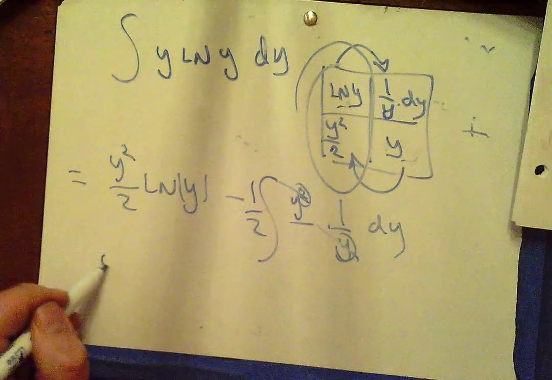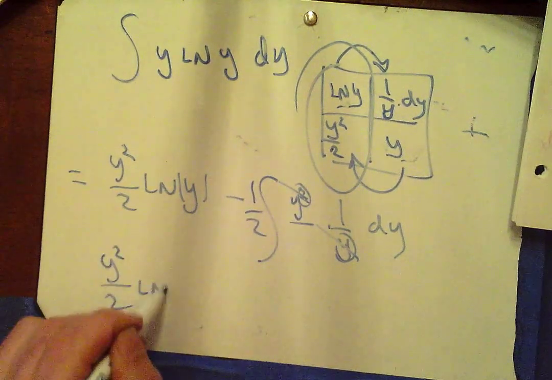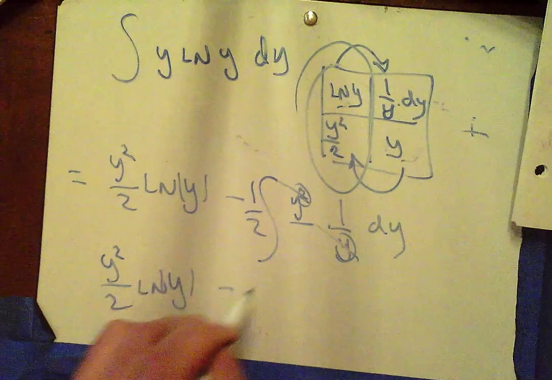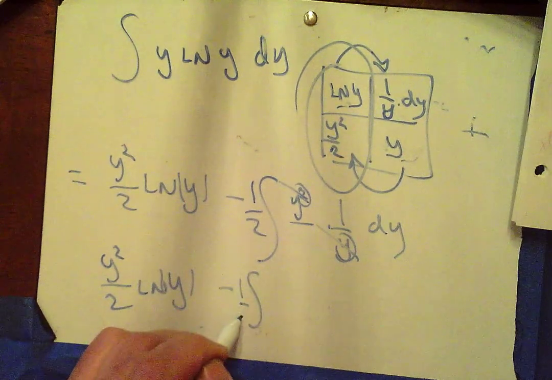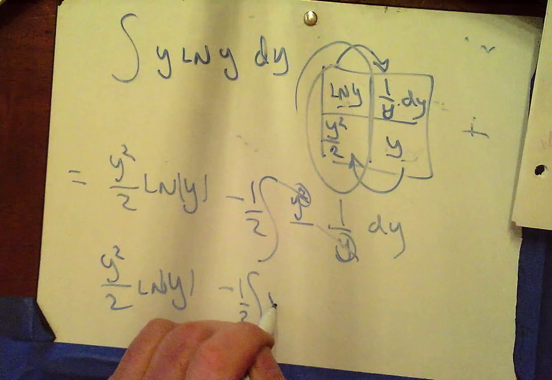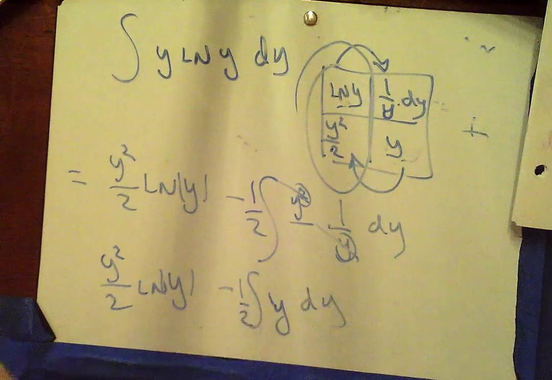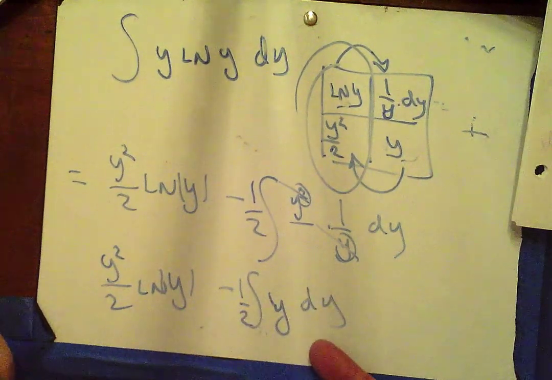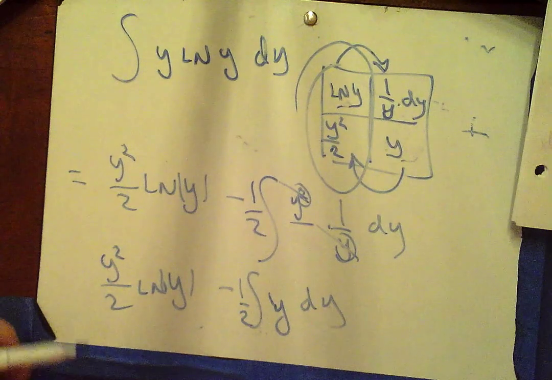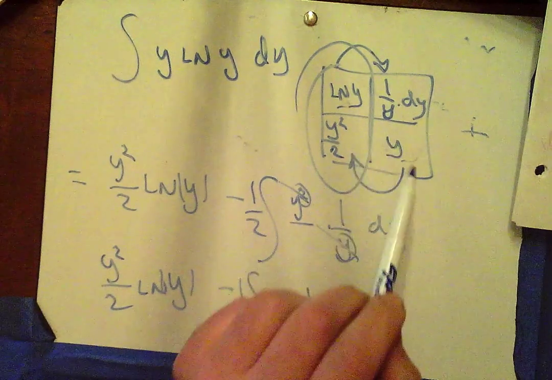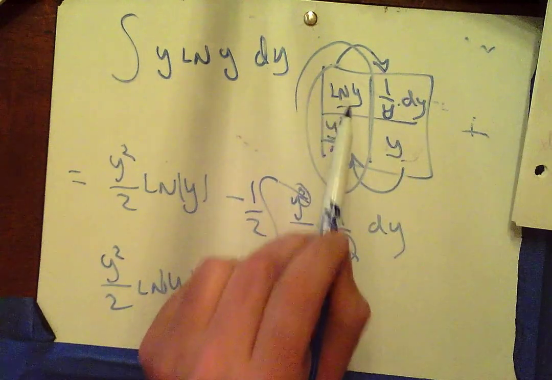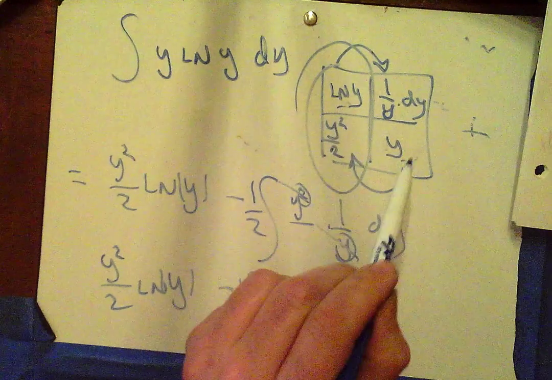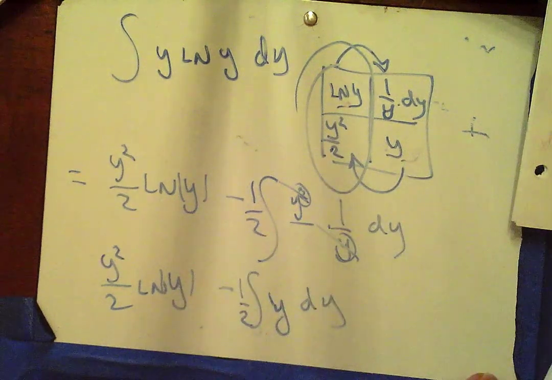And now I'm just integrating y dy. Yeah, that's a gentle integral. So the only thing that's stopping me from putting a polynomial up here is I'm not comfortable with the antiderivative of ln.